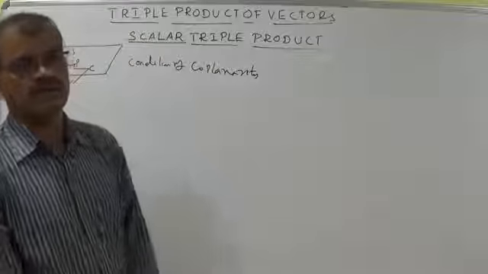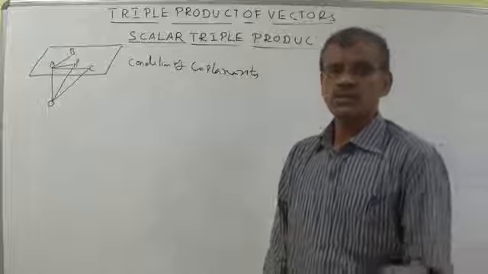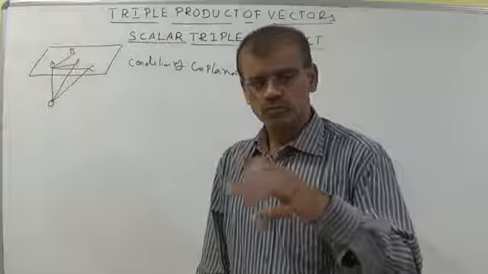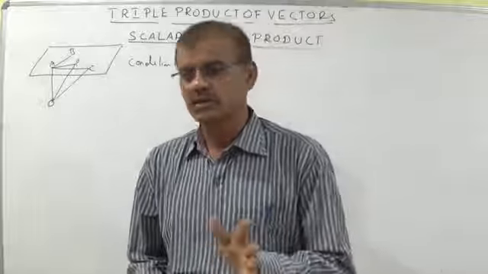We know that in previous classes we concluded that whenever 2 vectors, 3 vectors or 4 vectors are coplanar, then their determinant is 0.